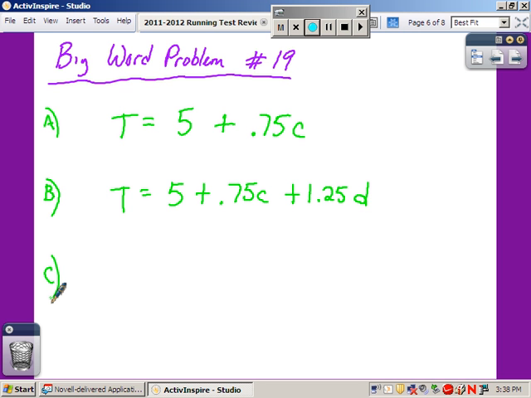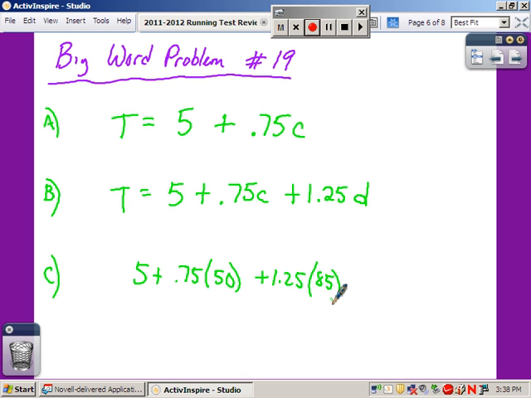So part C says, find Optimus's actual cost if he got 50 clicks in the first month and 85 in the second. So let me get a value here. I'm going to do 5 plus 0.75 times 50 for the first month click, and 1.25 times 85 for the second one.